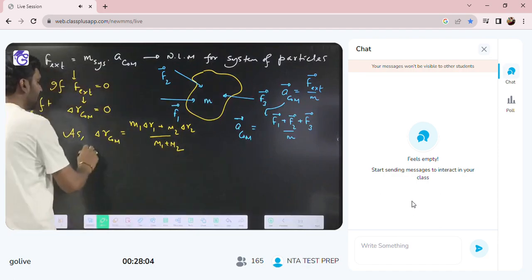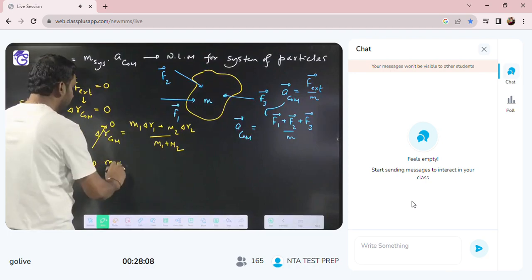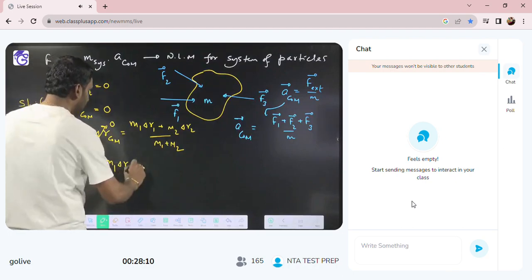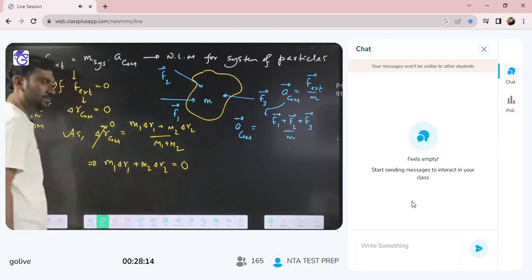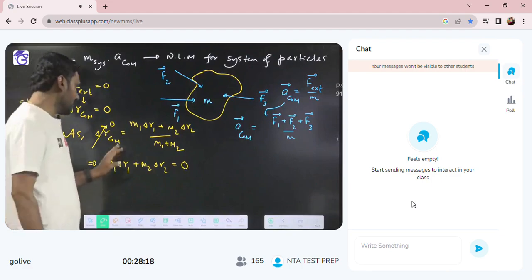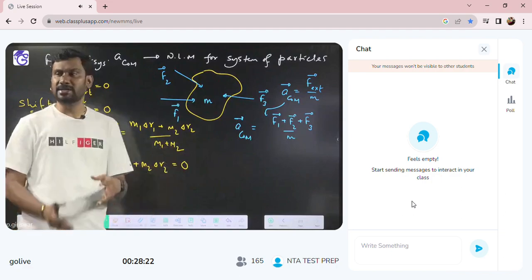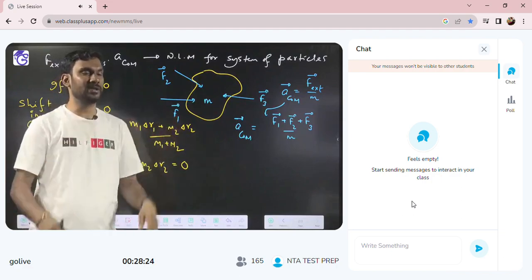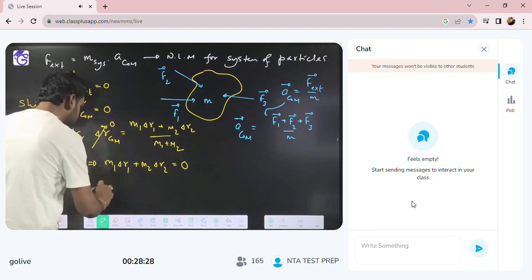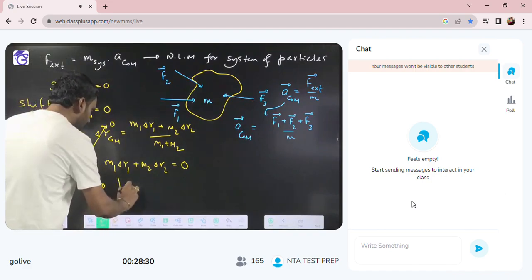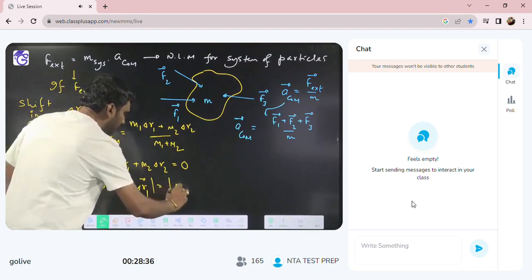Now if this factor is equal to 0, then M1 delta R1 plus M2 delta R2 is equal to 0. So M1 delta R1 will be equal to minus M2 delta R2. The minus sign indicates that it should be opposite in direction to the movement of the other one. So just taking the positive sign, mod of M1 delta R1 vector is equal to mod of M2 delta R2 vector.